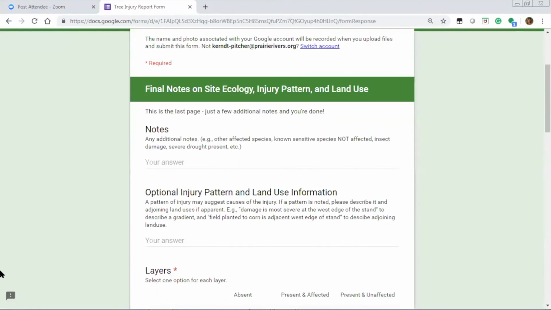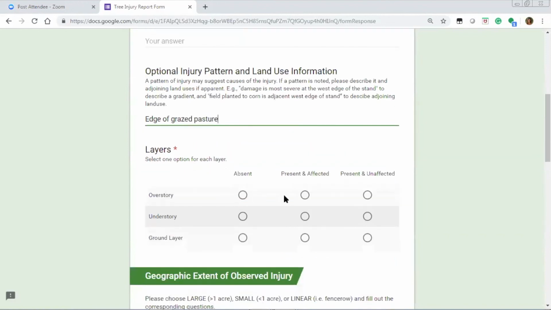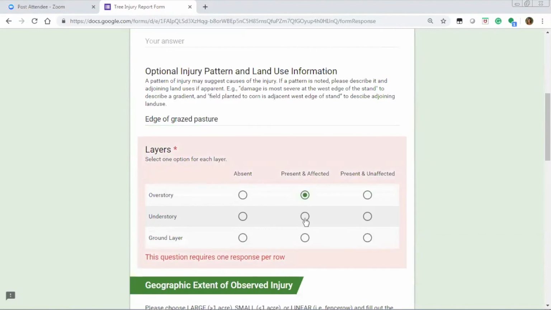And this will take us to our final page, the notes section. She does have something listed here in the optional injury pattern and land use information, and this says it's an edge of a grazed pasture. So we're going to write that in, and scroll down to the layers section. Overstory was present and affected, and as you can see here down at the bottom, this question requires 1 response per row.